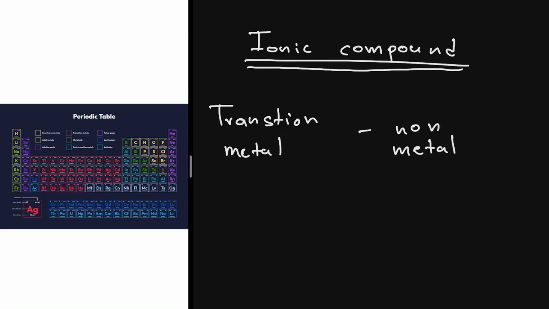So the difference is that transition metals sometimes have different ions, unlike metals. But what do I mean when I talk about ions? I'm talking about charges that we see on elements.